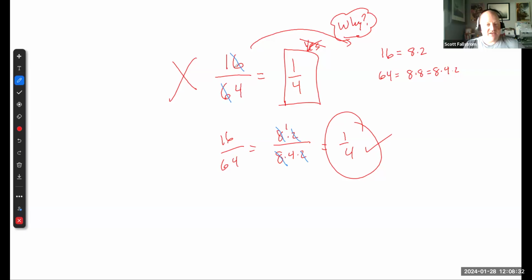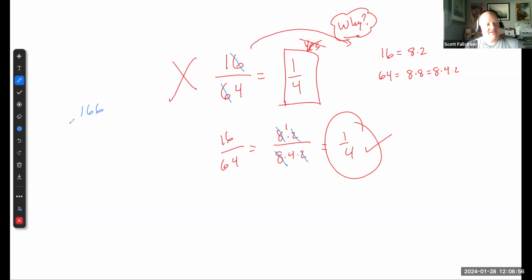In this particular situation, this is a fluke of numbers. Okay. It just so happens that 16 divided by 64 is 1/4. It just so happens that is not always the case. And you might say, oh, it's just a one-time deal. No, it's not a one-time deal. I think there's infinitely many of these where it works. And here's another one.